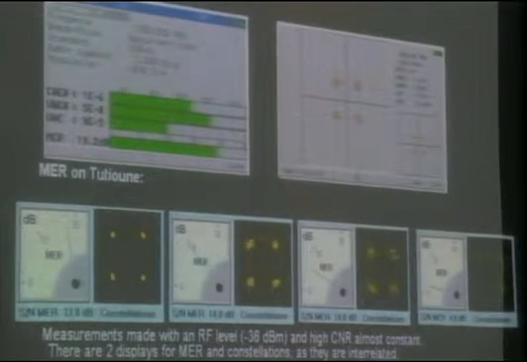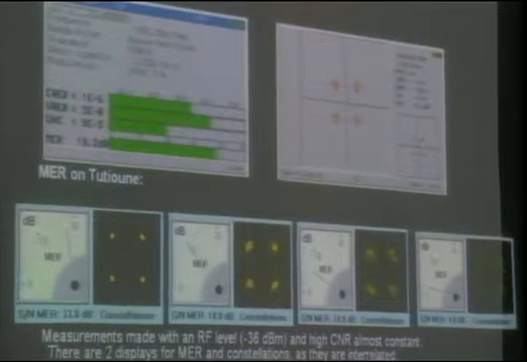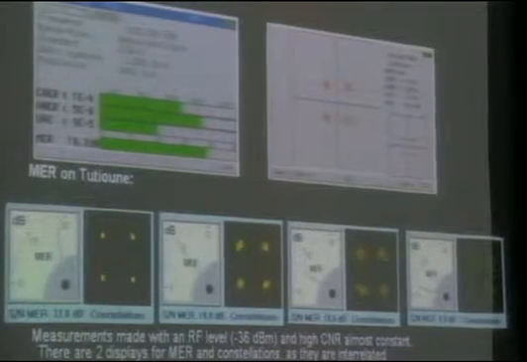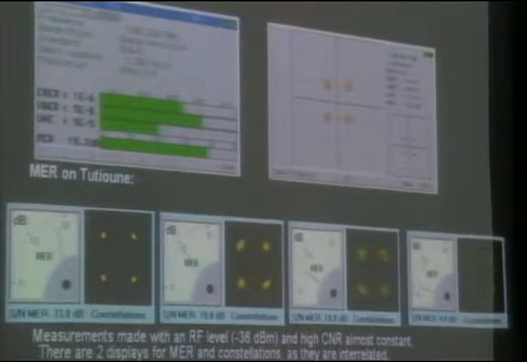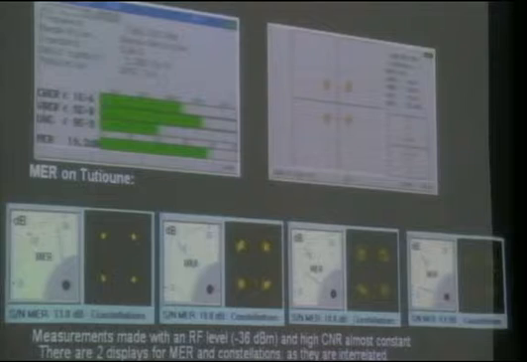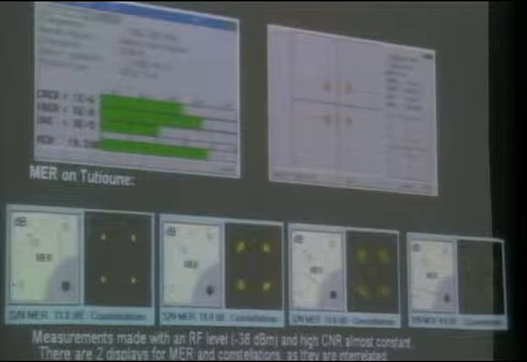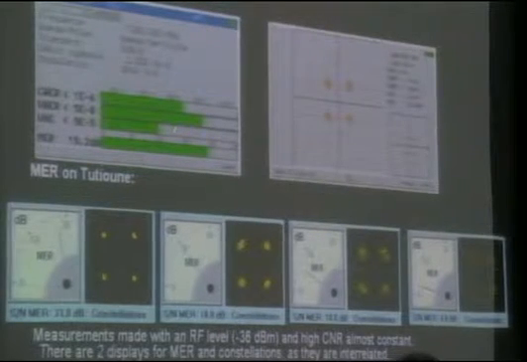I have read many books that say that when you have the MER value, you have the maximum of information on the ability to decode or not your video. With my analyzer, I have the MER like that, or when I display the constellation, I have the MER here. With Tutioune, you will have the MER with the constellation.